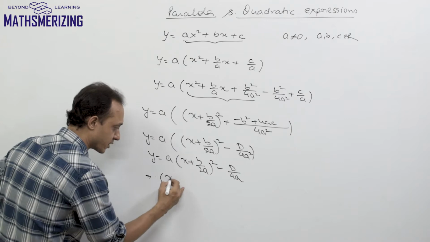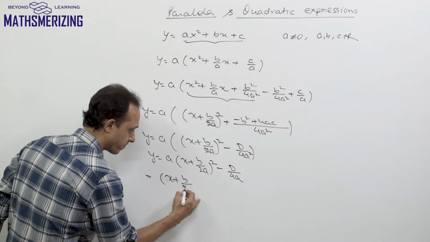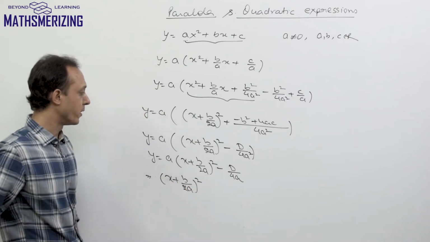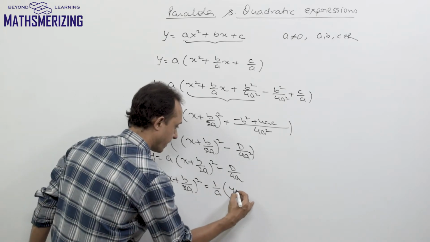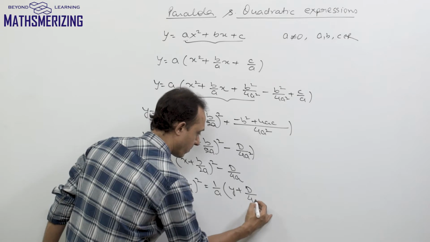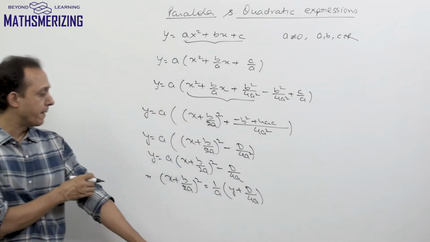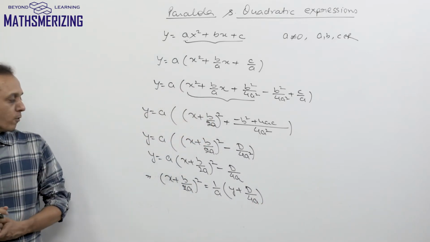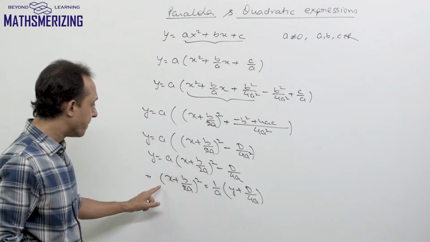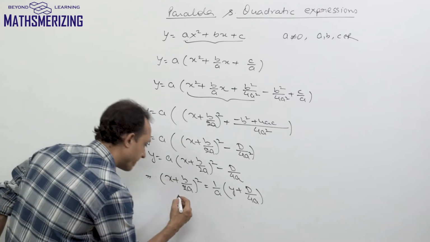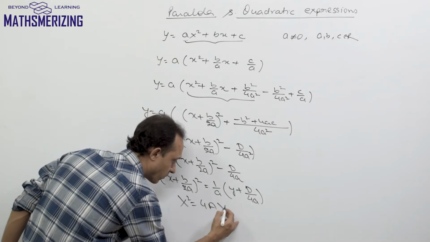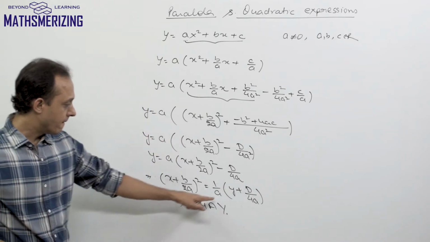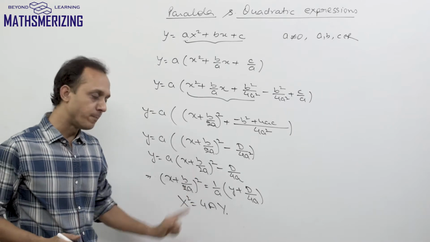I'll rewrite this equation as x plus b upon 2a whole square is equal to 1 upon a and then y plus D upon 4a. Now if we compare it with the standard equation, we know that it will be x square equals 4ay when this 1 upon a is positive.